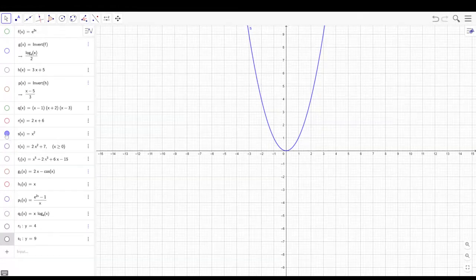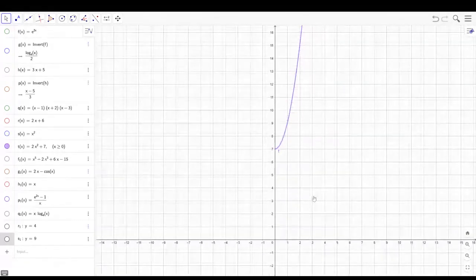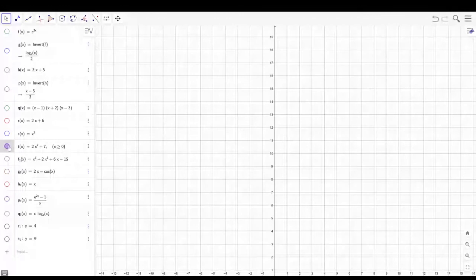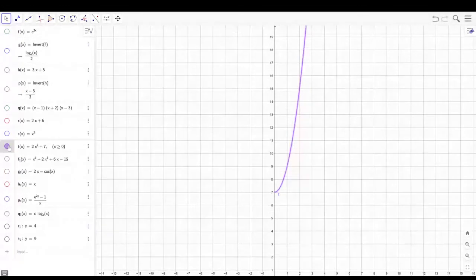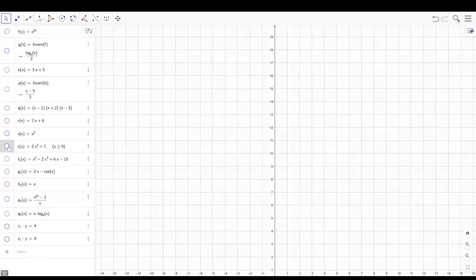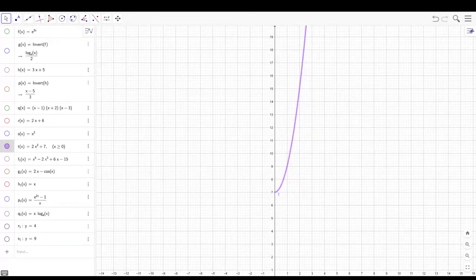What happens if I do this? That is just part of a quadratic. Does that pass the horizontal line test? Who can tell me? Does that pass? Yes, it does. So to get back to your question, Ronan, you can have a function that's one-to-one just on a certain interval.